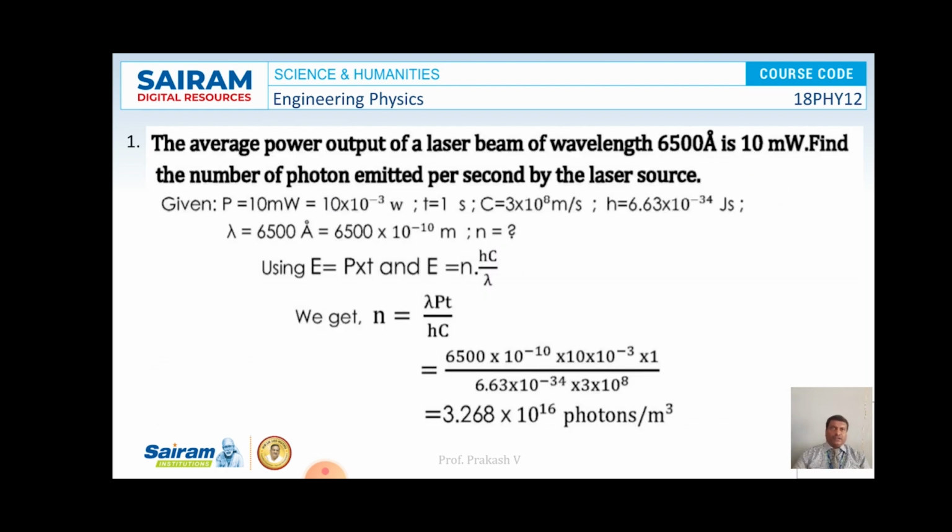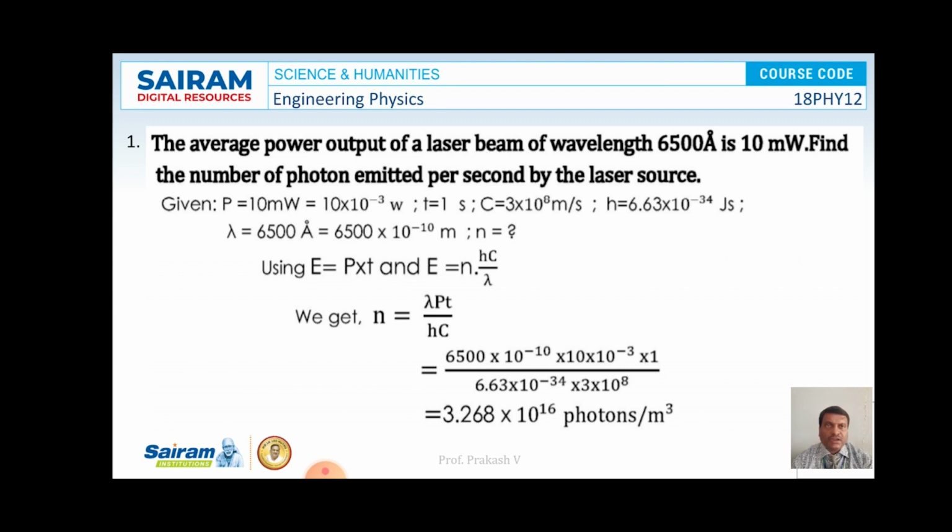Now let us concentrate on some problems. The average power output of a laser beam of wavelength 6500 angstrom is 10 milliwatts. Find the number of photons emitted per second by the laser source. Here the power is given as 10 milliwatts and t is 1 second, c is 3 into 10 to the power 8 meter per second, h is 6.63 into 10 to the power minus 34 joule second, and lambda is 6500 angstrom.